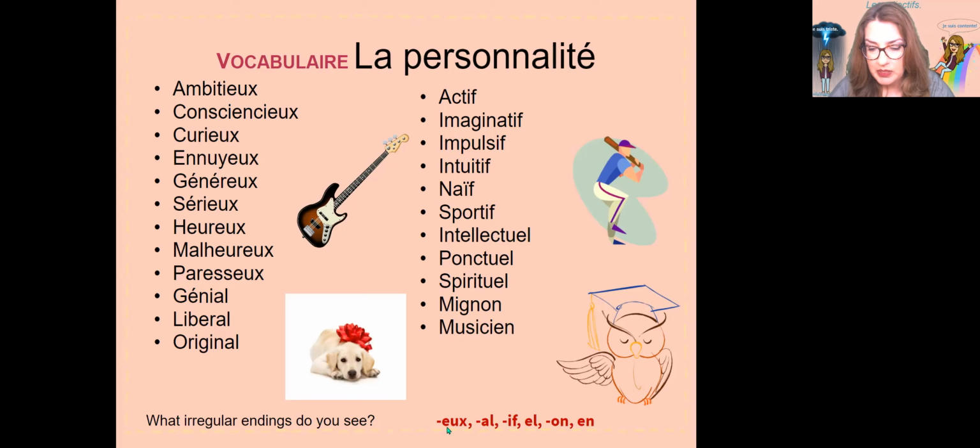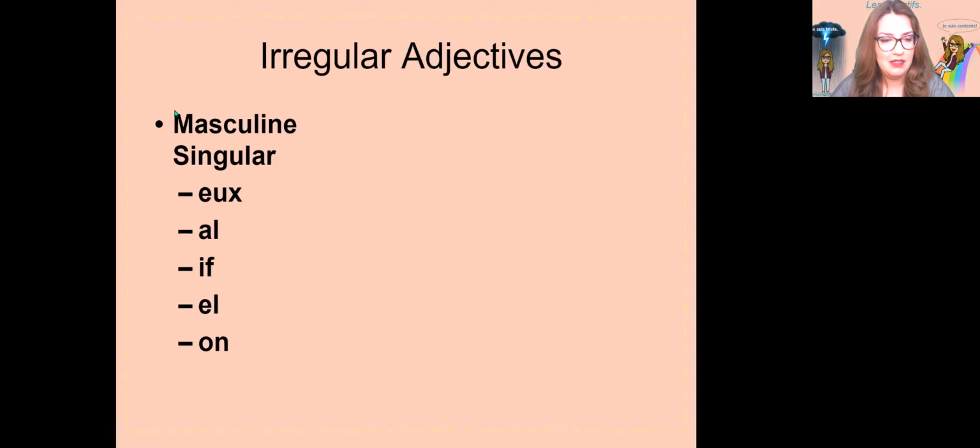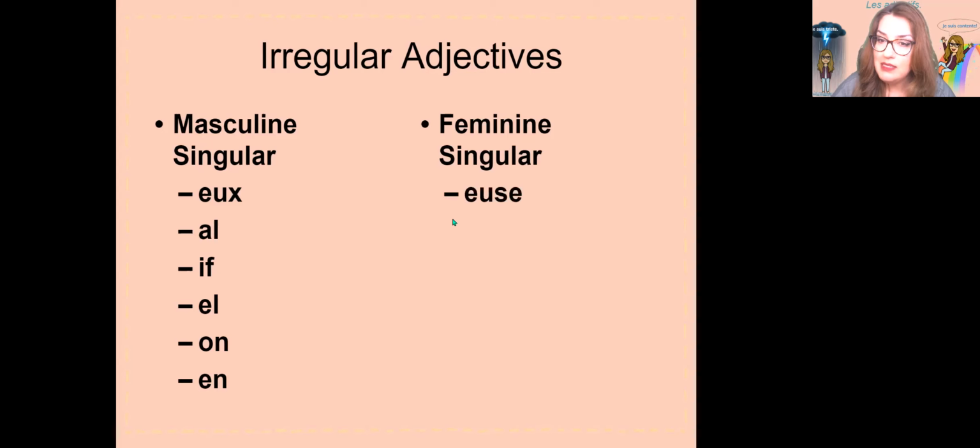In red here, we will see that al, if, el, on are all irregular endings. Let's look at the irregular adjectives that we just spoke about, the endings with al, if, el, and on. This would be the ending in the masculine.